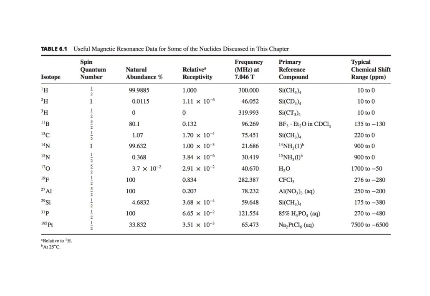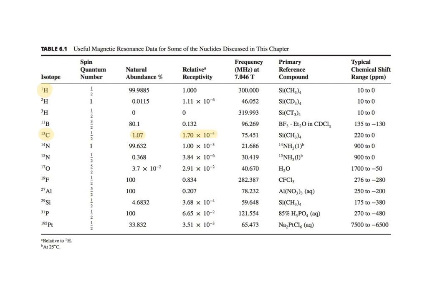To this stage in the course, NMR spectroscopy has focused on proton and carbon-13 nuclei. We previously discussed how carbon-13 NMR is complicated by the low natural abundance of the carbon-13 isotope, along with its weak receptivity.